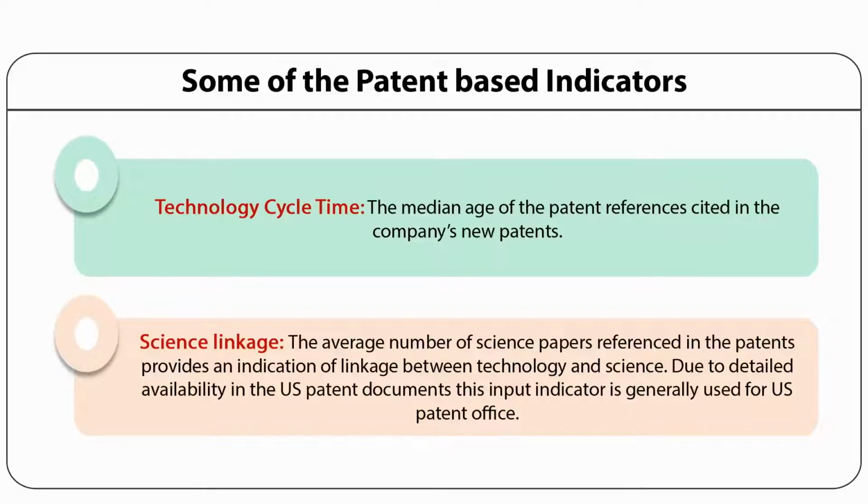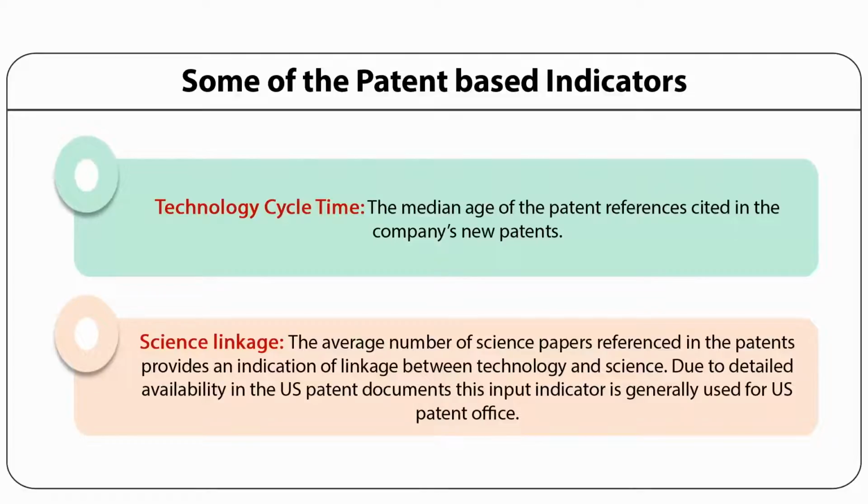Another indicator which is very useful shows whether your patents are built on a scientific interface. It tells us the average number of papers that your patent cites. In emerging technologies, we will always say these are technologies where the science interface is very high, say nanotechnology, biotechnology, specialty chemicals.